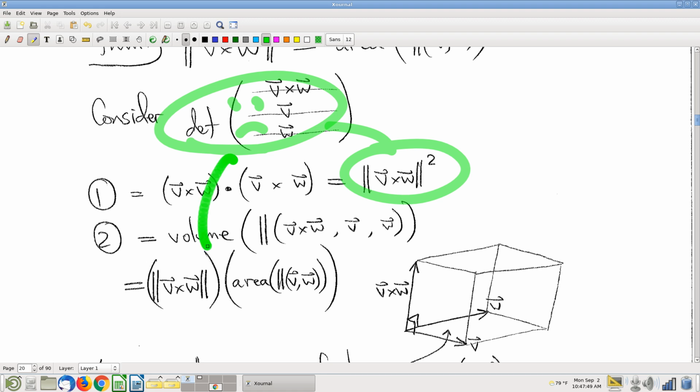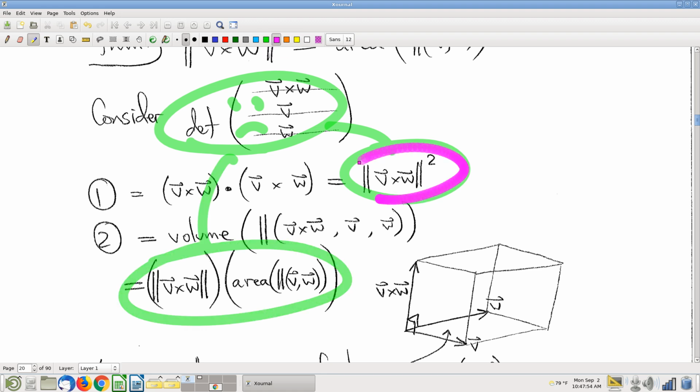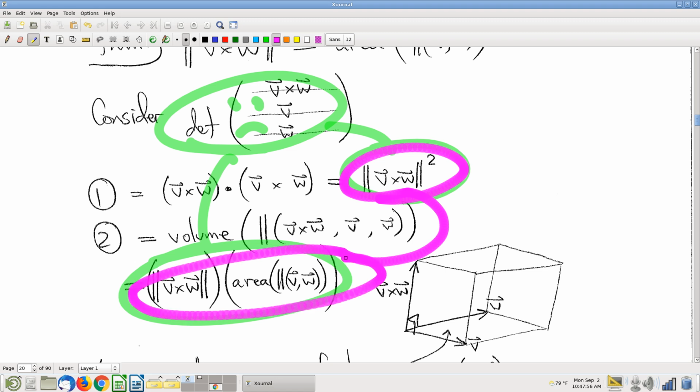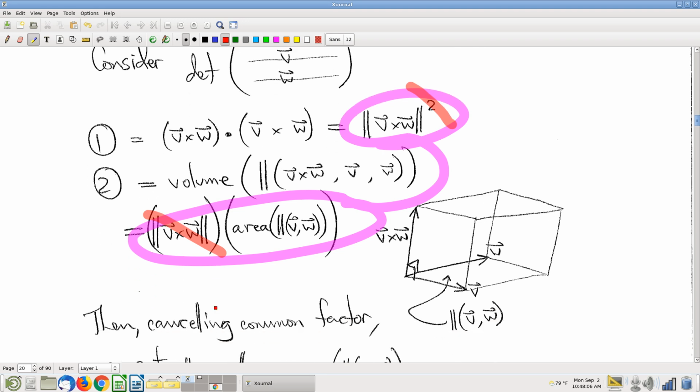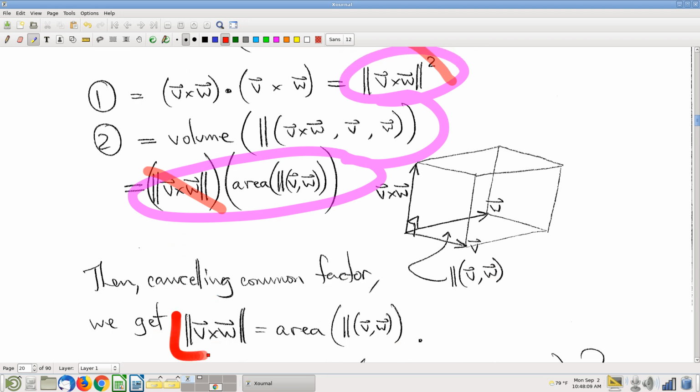We've now showed that it's equal to this. Therefore, these two things are equal to each other. Cancel a common factor, and lo and behold, what's left over is what we wanted. So there's our little mathematical bank shot. I think that's lovely.